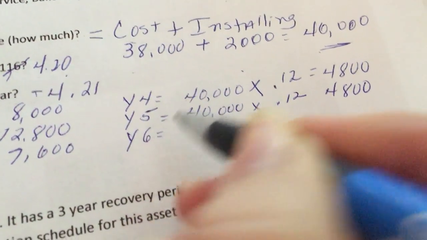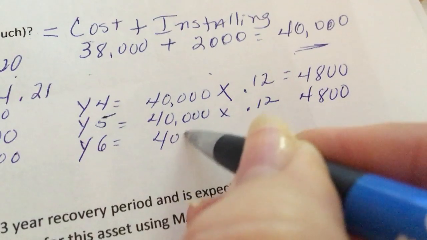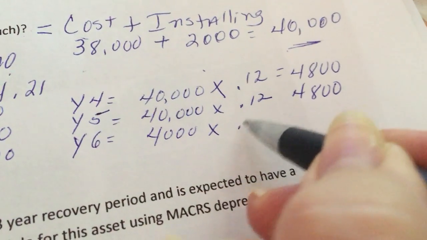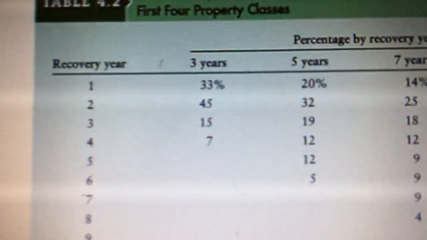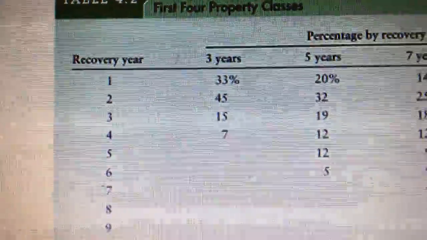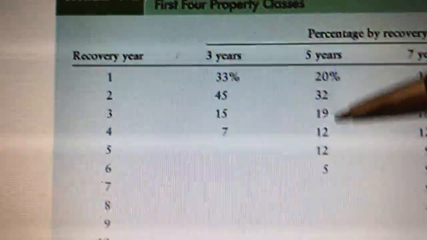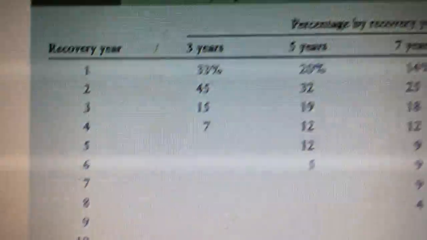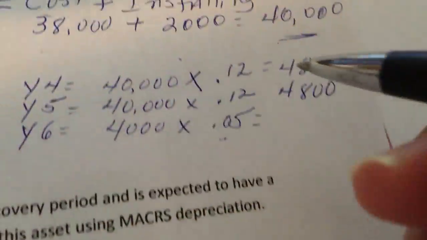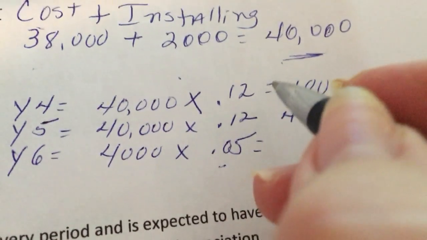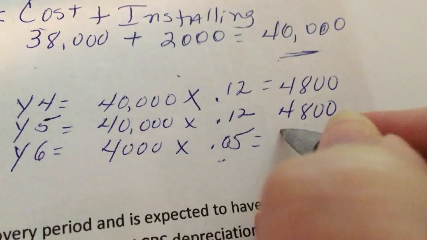And again, year 6, 40,000, and I told you it was 0.05. Again, 5% came from this table under 5 years. These are the percentages we're using all the way down and multiplying each times 40,000. So this is going to be $2,000.